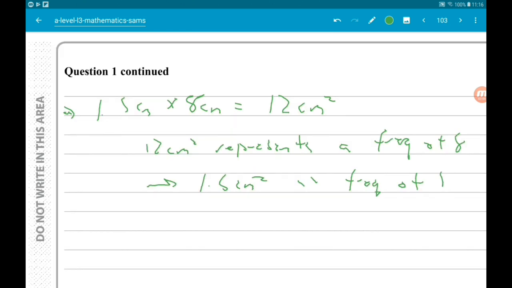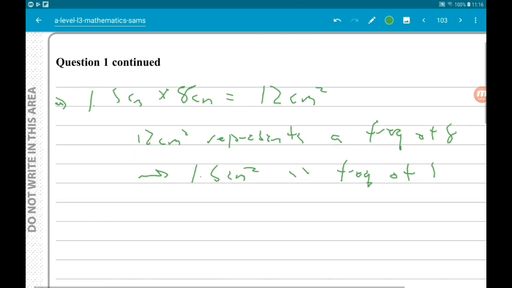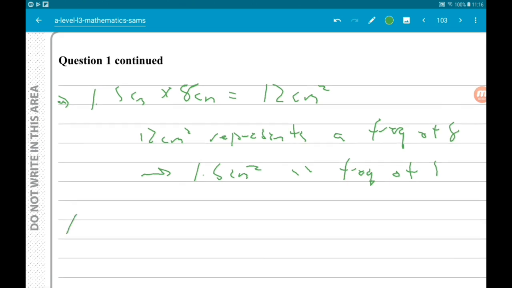So we can find the area of the bar. The area for that is going to be 18 centimeters squared, because it's 1.5 times 12. So that needs to be the area of the bar.